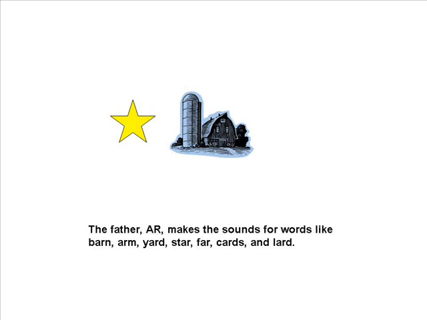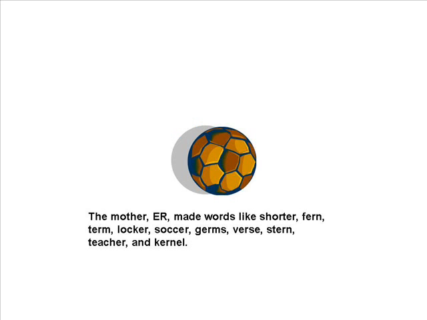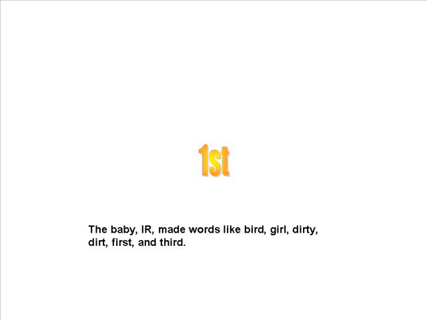The father makes the sounds for words like barn, arm, yard, star, fire, card, and lard. The mother makes words like shorter, fern, term, locker, soccer, germ, verse, stern, teacher, and kernel. The baby made words like girl, dirt, dirty, first, and third.